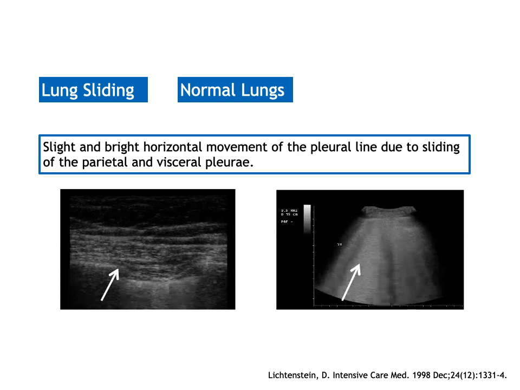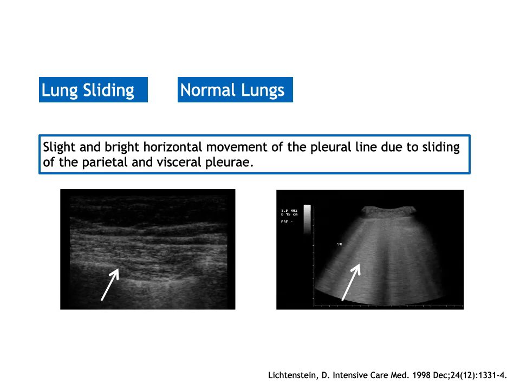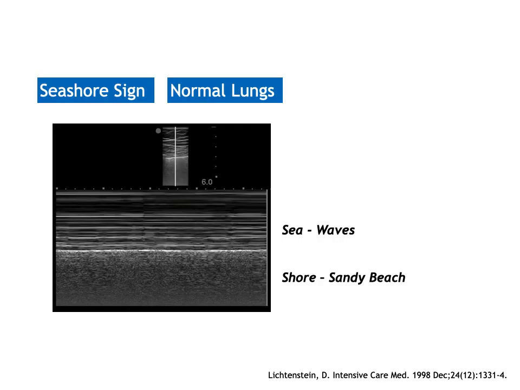And then going forward, different examples of sliding. Again, you can see the sliding here of the visceral and parietal pleura, and here the sliding is less evident, but you can still see it.